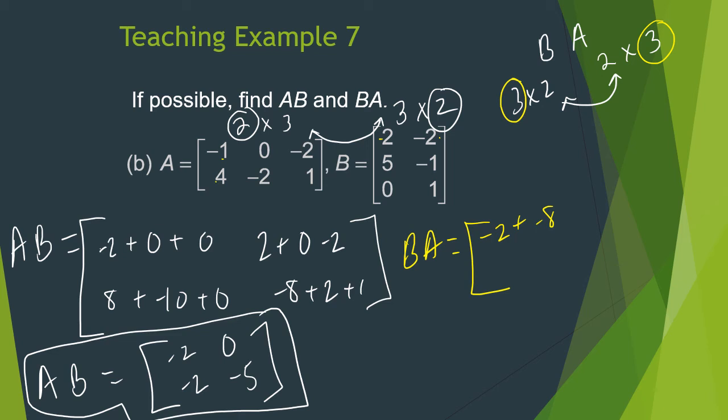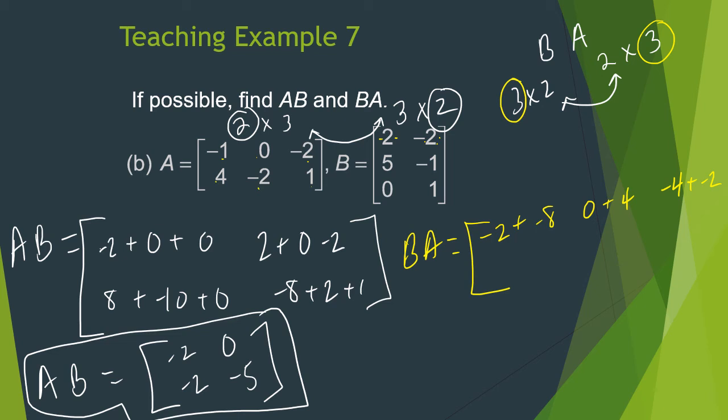Done with that one. Now I have 2 times 0, which is 0, plus -2 times -2, which is 4. And then I have 2 times -2, which is -4, plus -2 times 1 is -2.